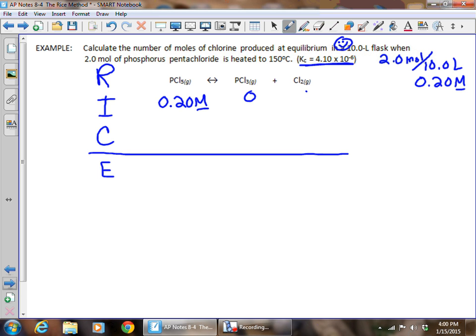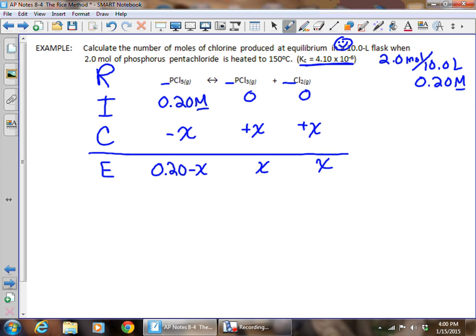We don't have any of the other 2 substances. And our change is going to be minus X for PCl5. All of these are 1 to 1 to 1 to 1. So minus X for PCl5. Remember, as a product, that's going to be plus X and plus X for both PCl3 and chlorine. So our equilibrium concentrations are going to be 0.20 minus X, X for PCl3 and X for Cl2.